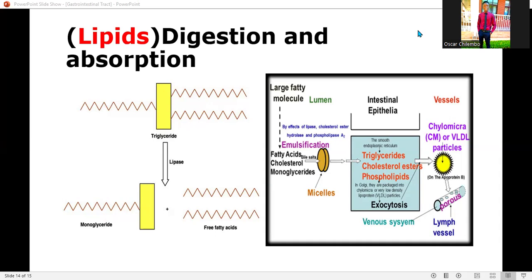Okay, so lipid digestion is quite a complex digestion. It really differs from carbohydrate and protein digestion.